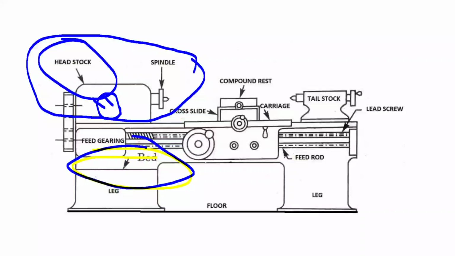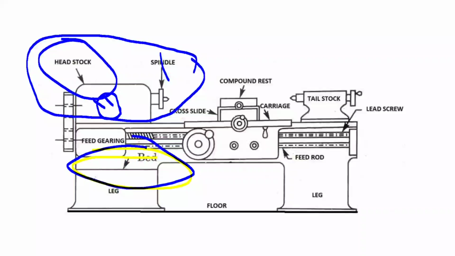Now we are discussing the lathe parts, but there are also some important parts which are in the headstock. We will discuss that the headstock consists of the following main parts. First is the cone pulley and back gear. Second is the main spindle, that is the headstock spindle, which is shown here.